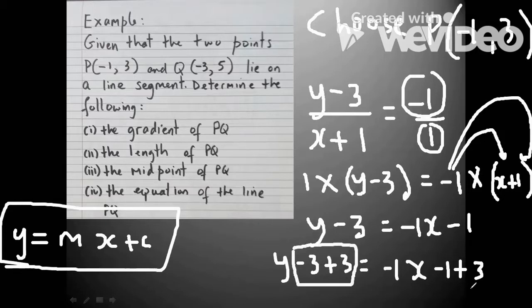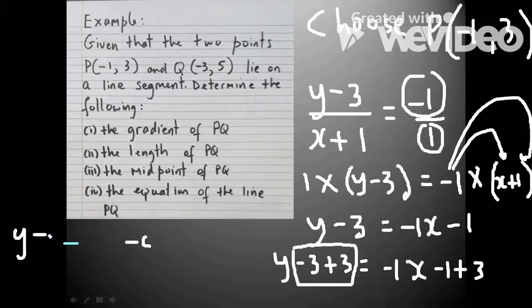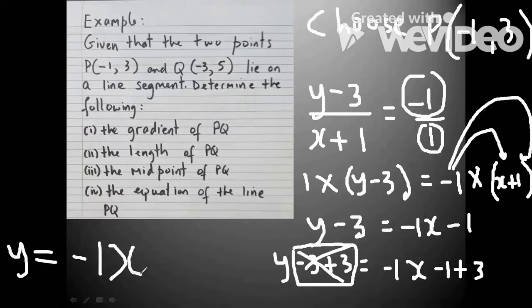All right, so let me make some space here. This will go away, not true? So we end up with y equals negative 1x. Now negative 1 plus 3.